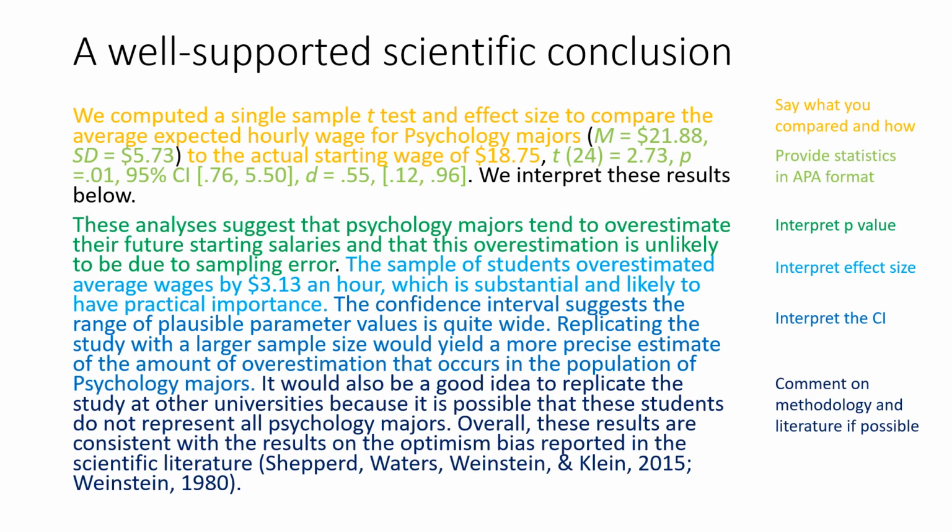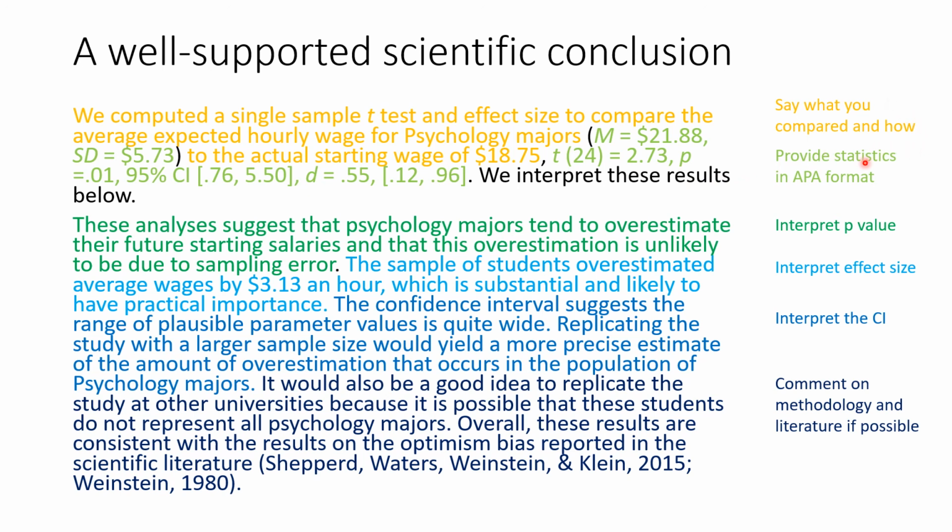Finally, you want to report your results, and you want to form them into a well-supported scientific conclusion. Every scientific conclusion in this class should have 6 things in it. You need to say what you compared and how you compared it.